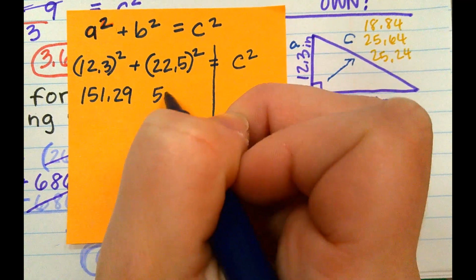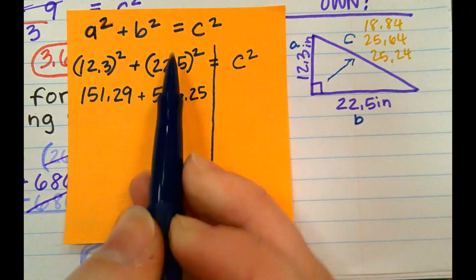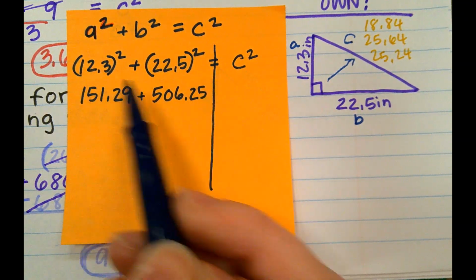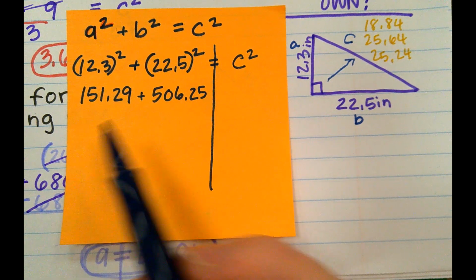Okay. Is anyone getting different numbers when you square these? Or are we getting the same? Okay, cool.